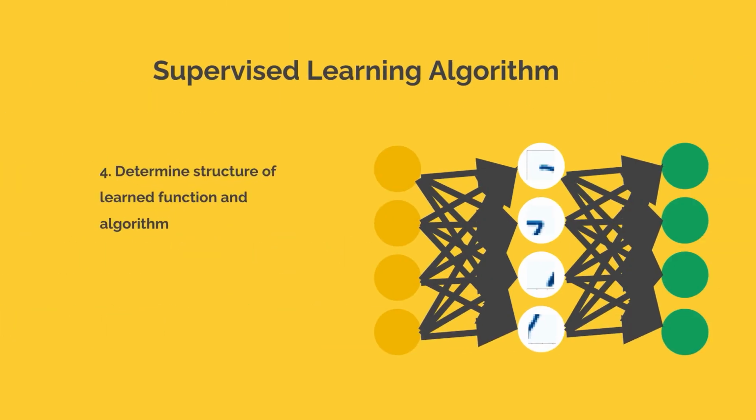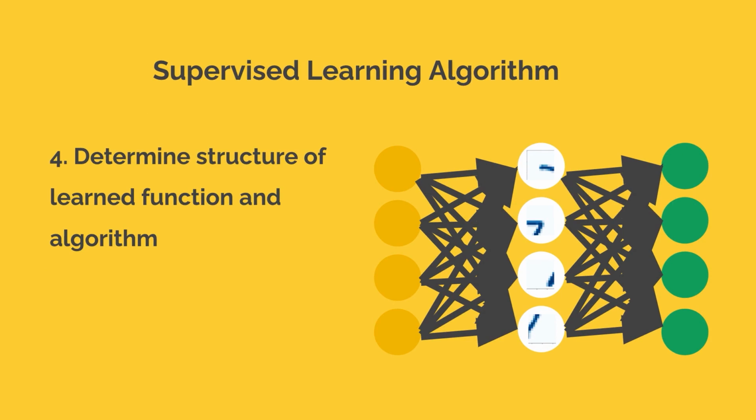And then step 4 is to determine the structure of your machine learning algorithm and the function you want to create. So do you want to create a linear regression model or a logistic regression model? Do you want to do classification or regression? What model do you want to use for this specific problem?